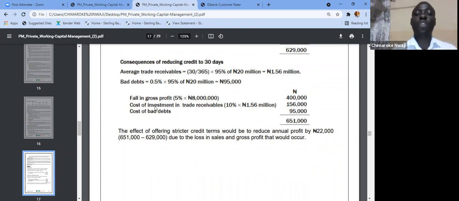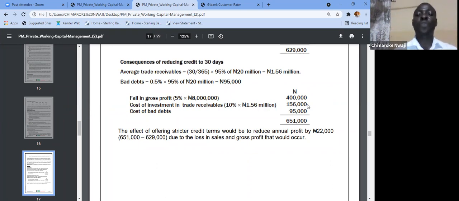What about the cost of investment in trade receivables? It's a cost. 10% of your 1.56 million, which is your average receivables, is going to give me 156,000. So you see your fall in gross profit is a cost to you. Your cost of investment in trade receivables is 156,000.